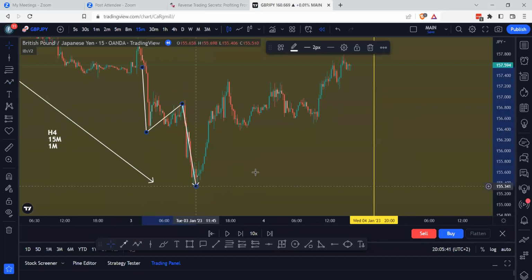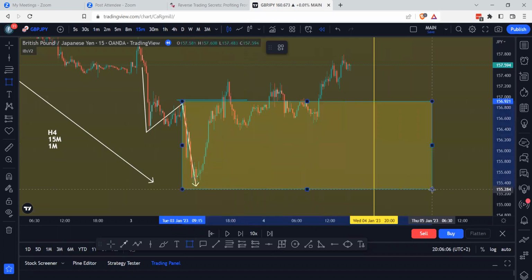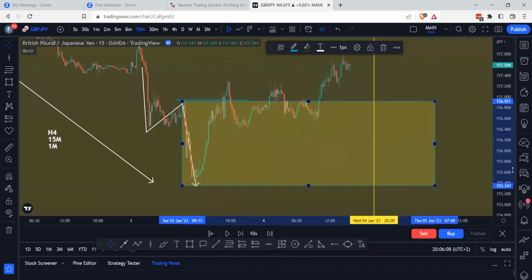For this order flow to shift from bearish to bullish, you need price to break this lower high, right? And this lower high has now been broken, yes. So the next thing is to take the whole range, so I'll consider the whole range.